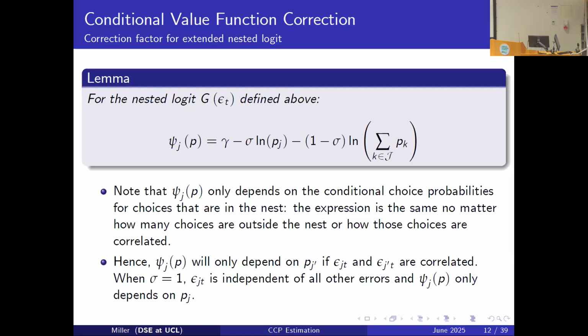With a nest here, you're summing over the nest. So it's a weighted average. This correction factor is a weighted average between the choice-specific thing and the nest thing as well, all right? So we can actually generalize beyond the type 1 extreme value in a fairly straightforward way, and go beyond that actually with generalized extreme value, just the same way as you can do it in static models. But for now, this is good enough.